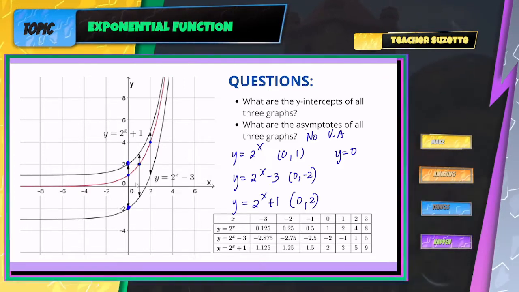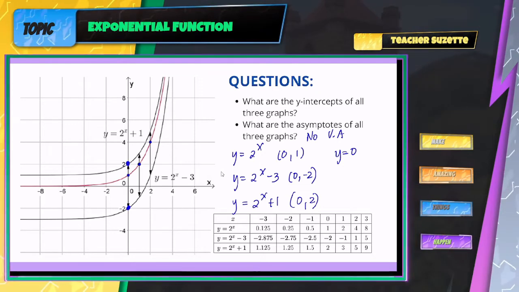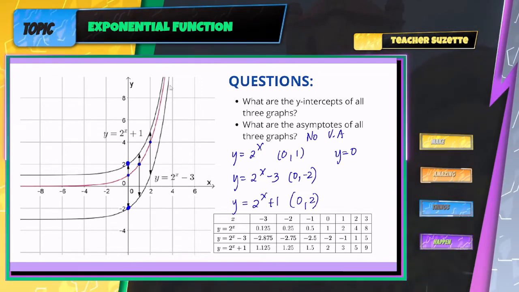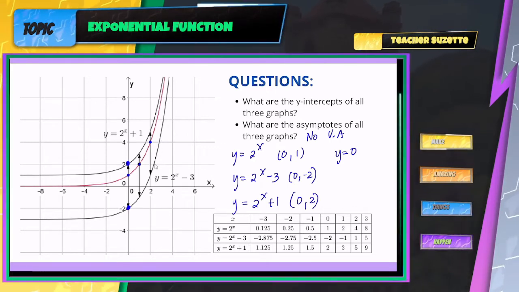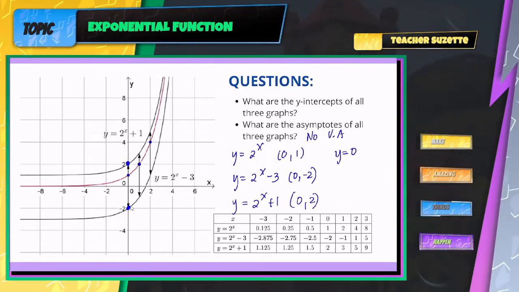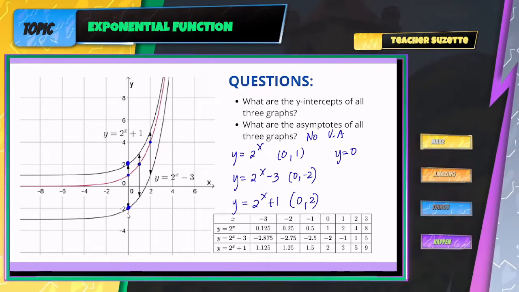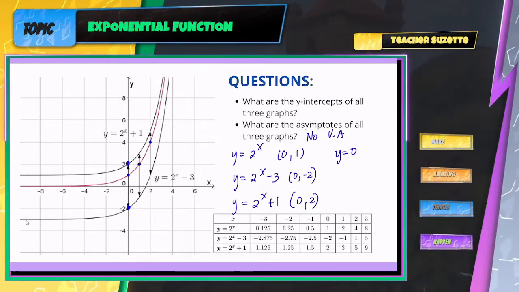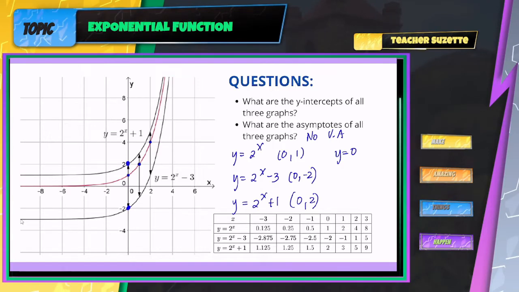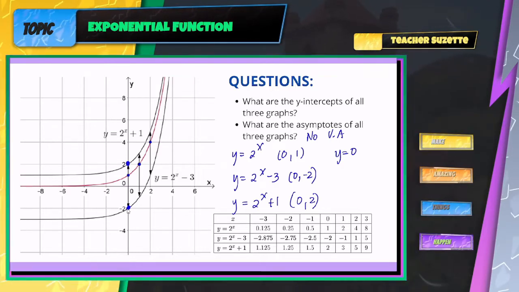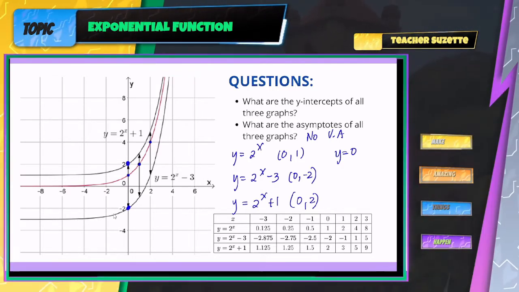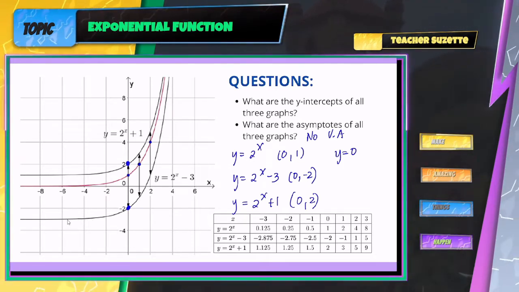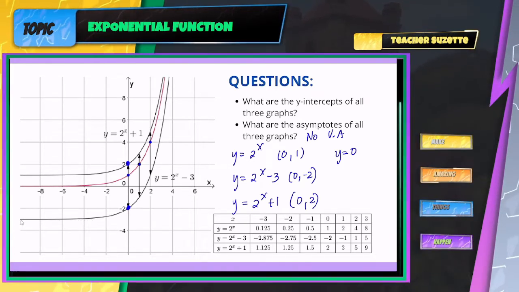Next, let's look at the graph for y is equal to 2 raised to x minus 3. Upon checking the graph, you observe that as x approaches negative infinity, or decreases, the y values also decrease and approach a particular line.